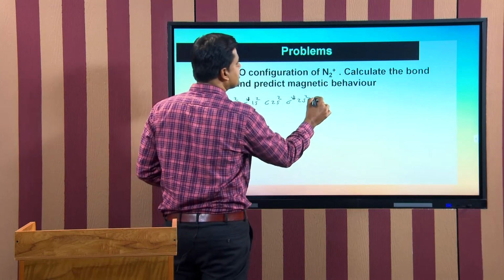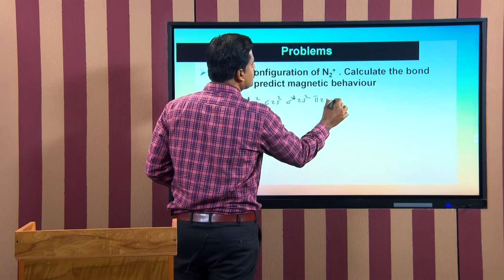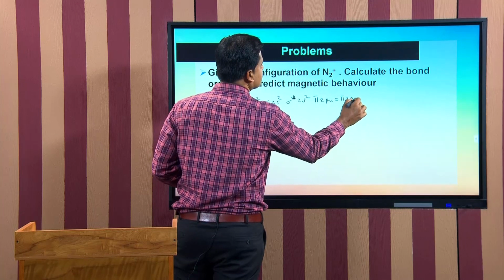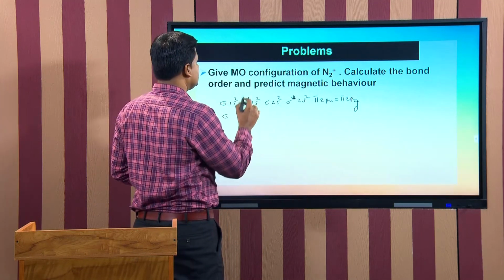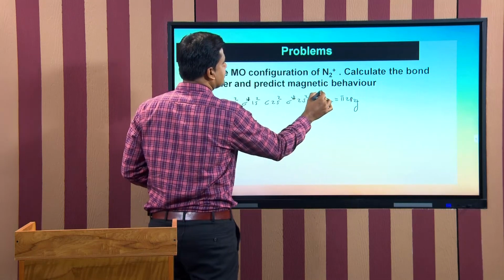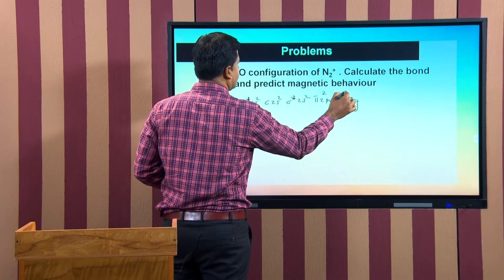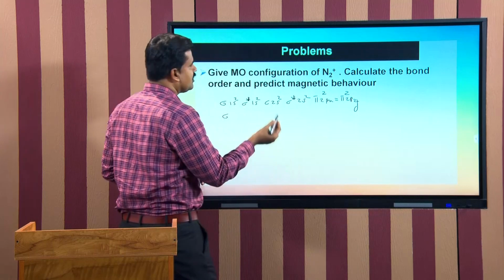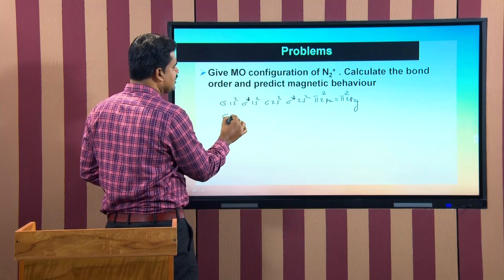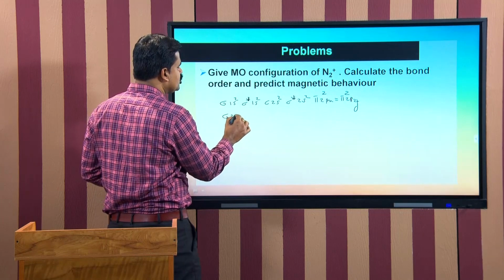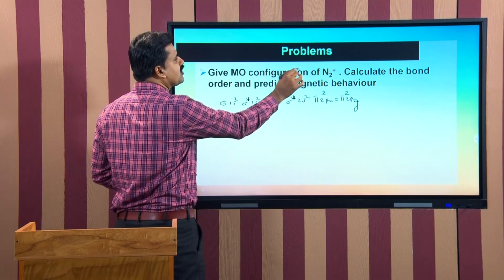So I have to mention pi 2px equal to pi 2py first, prior to sigma 2pz. So 2, 4, 6, 8, 10, 12, and if it is nitrogen, there are 14 electrons. Therefore, the configuration will have sigma 2pz2 for nitrogen.